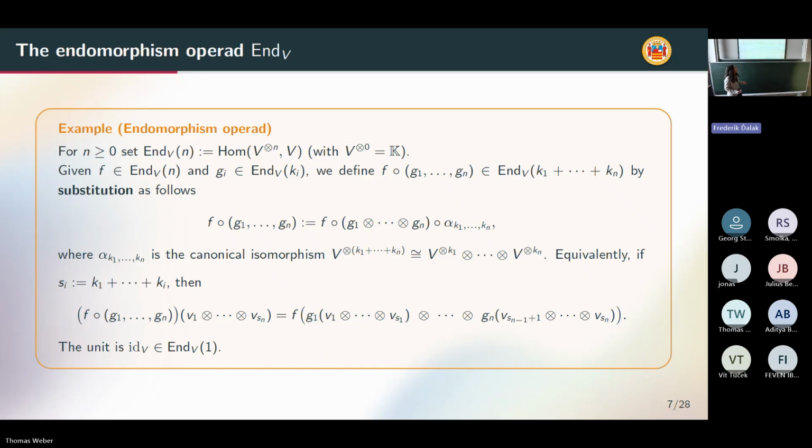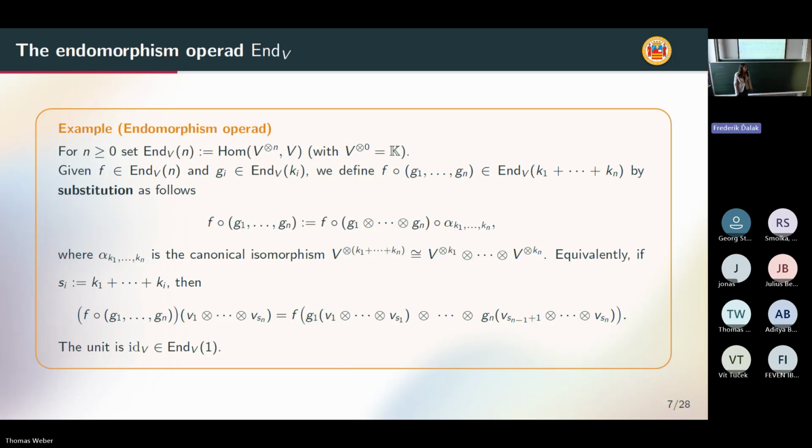just compose them, and then you have a new multilinear operation with k1 plus ... plus kn inputs, which are the sum of the number of inputs of G1, G2, Gn. And when you apply it to vectors, you just have to apply each Gi to its own block of inputs. Then you take the outputs and you feed them into F in order to obtain the final result.